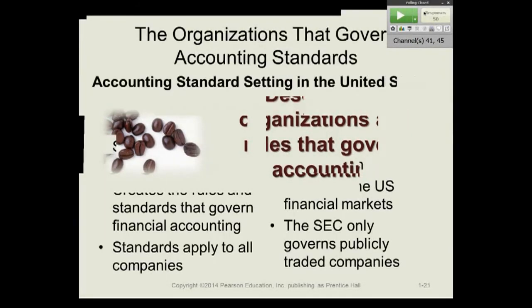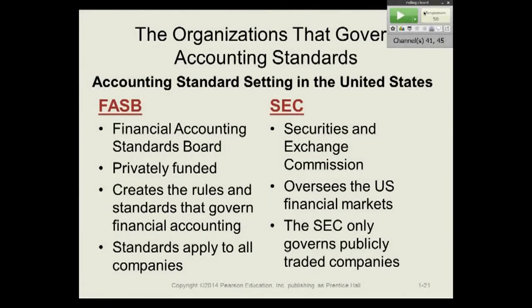First of all, let me just tell you that the Securities and Exchange Commission and the Financial Accounting Standards Board work together. It's a very interesting relationship, and it's somewhat confusing because the Securities and Exchange Commission has always been empowered to dictate standards in the United States for accounting and for financial reporting, but they allowed the private sector to handle most of this. So the Financial Accounting Standards Board is the board in the United States that's privately funded that creates the accounting standards.